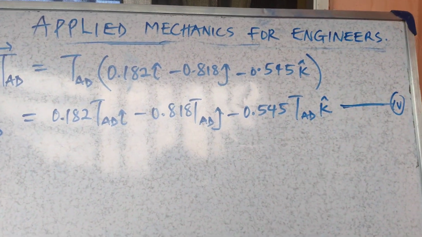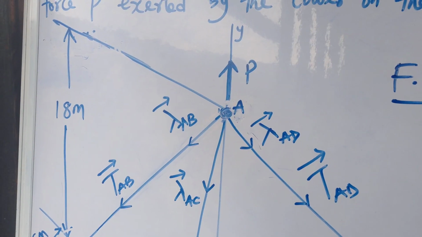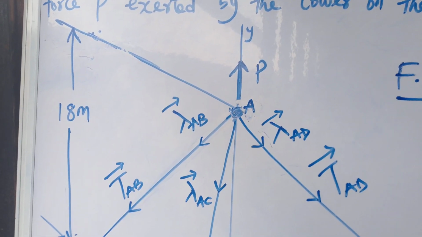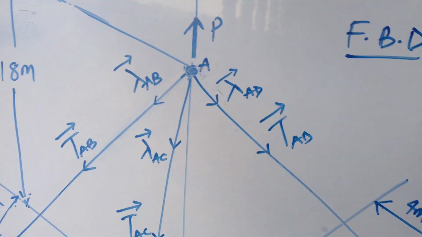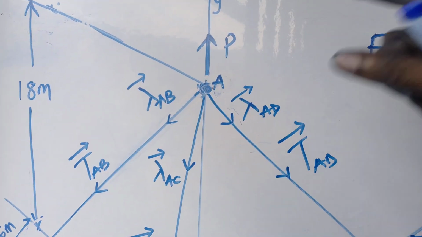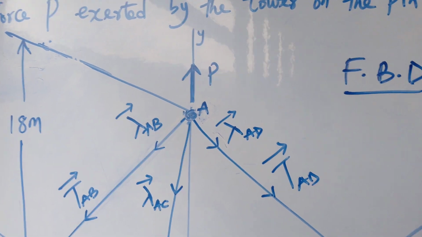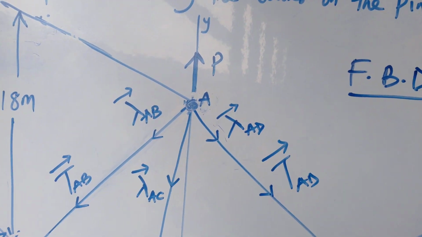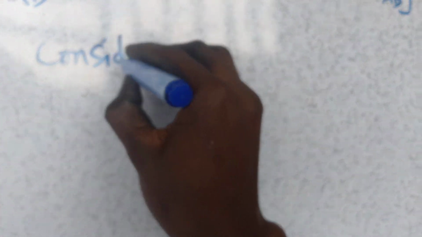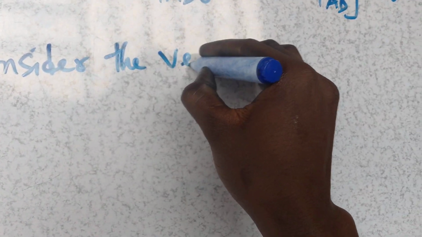Okay, I'll come back to the free body diagram. I'm having a force acting at point A. The force is going upwards as a vertical force P at point A. Since it's going upwards, that's positive PJ.